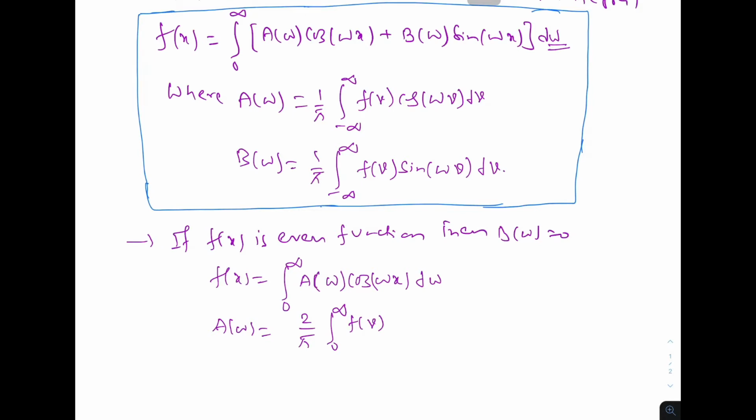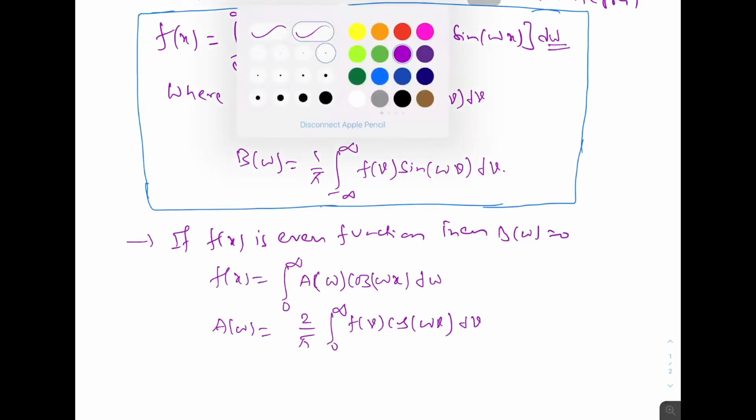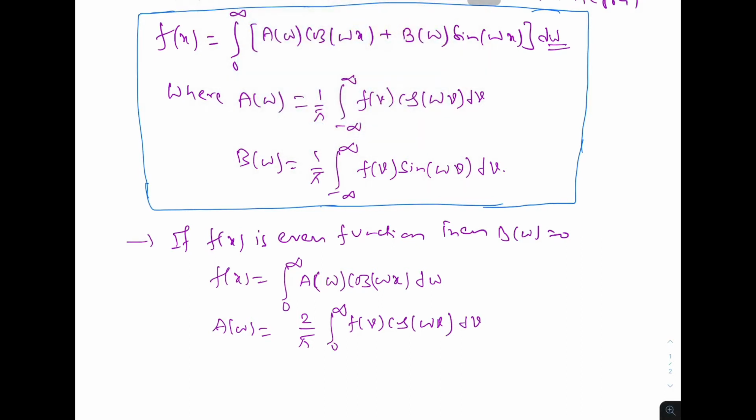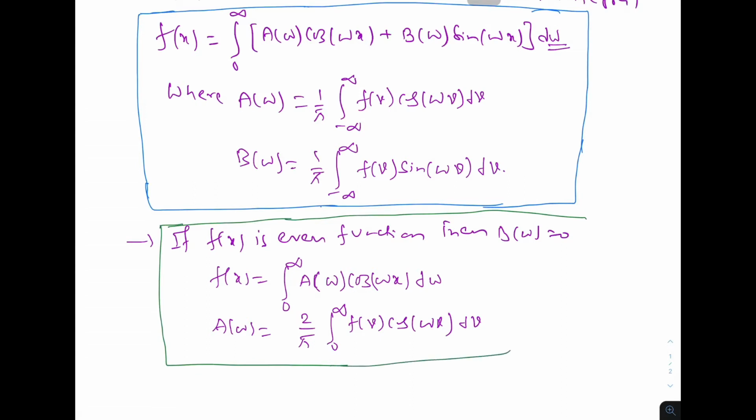This is called the Fourier cosine integral.